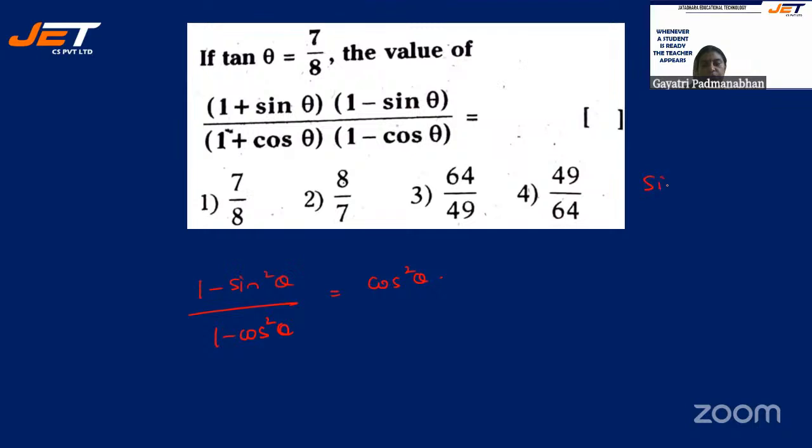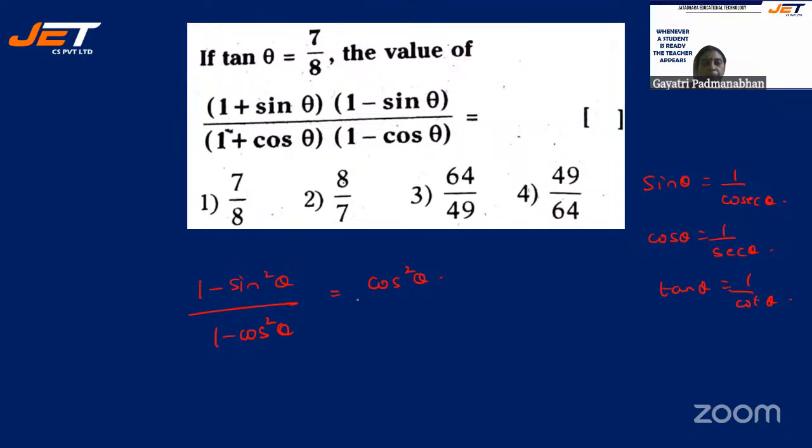See here, students, you should always remember sin is nothing but 1 by cosecant theta. Okay. Next, we have cos theta is nothing but 1 by secant theta. Tan theta is nothing but 1 by cot theta. Right?